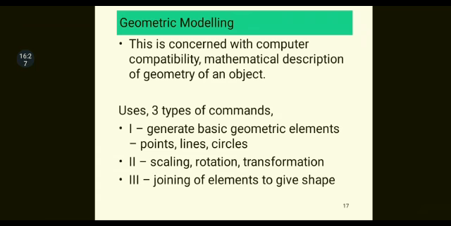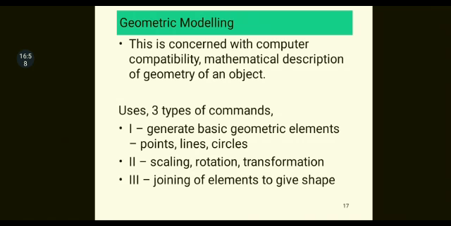So Bezier curves we try to introduce, something which we are not aware of, but just keep in mind that Bezier curves or something like that is there. Slightly complex shapes we can generate. So that requires more mathematical computation. So simple computation, complex computation, like that. So we need to first understand the compatibility of that mathematical description of the geometry of an object.